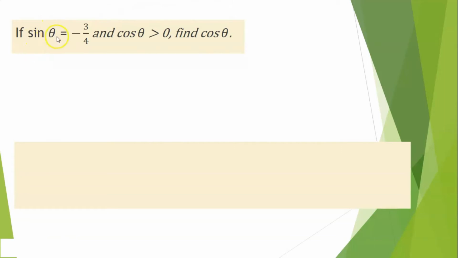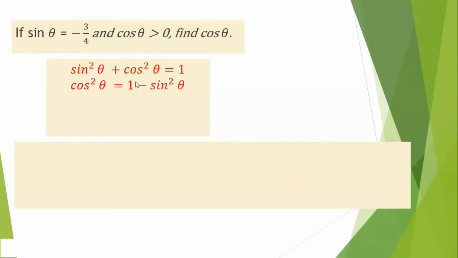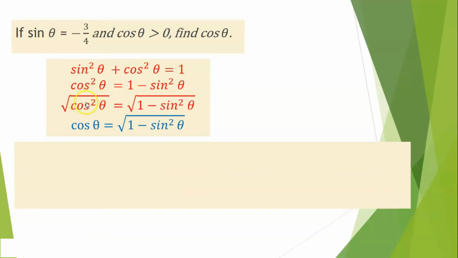First, if sine theta is equivalent to negative 3 over 4 and cosine theta is greater than 0, find cosine theta. So how to solve this one? Now take note, Pythagorean identity, we have this. Sine squared plus cosine squared is 1. Now, for cosine squared, transferring sine squared to the other side, we will have this. And getting the square root of both sides, we will end up with cosine theta equals square root of 1 minus sine squared theta. So with this, we will use this one.